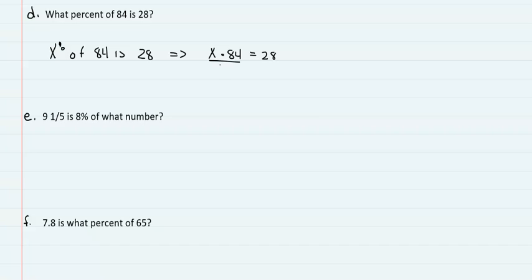We're going to divide both sides by 84. And we get that x equals 0.333 repeating, which we want to put in percent form because the question is what percent. So this is a decimal and we need it in percent form. So that's going to be 33.3 repeating percent.